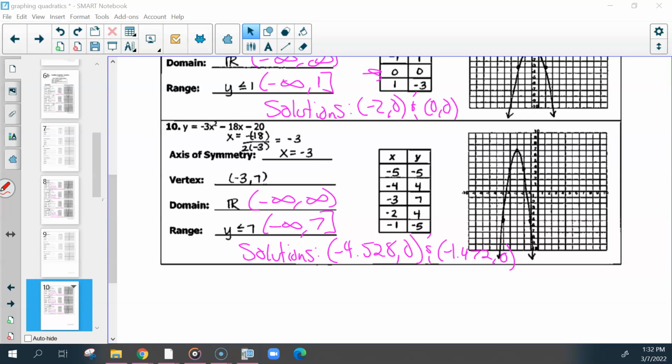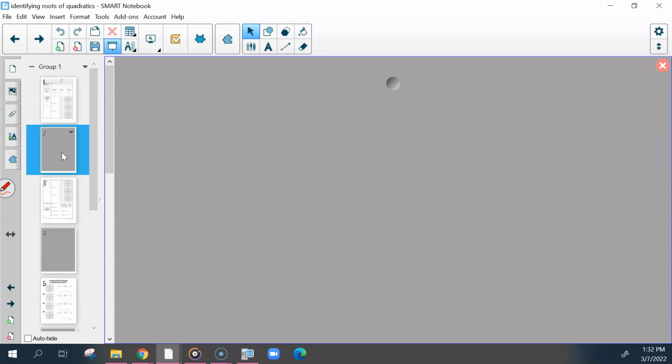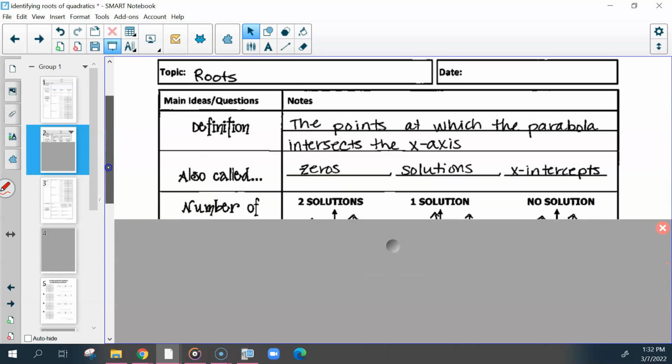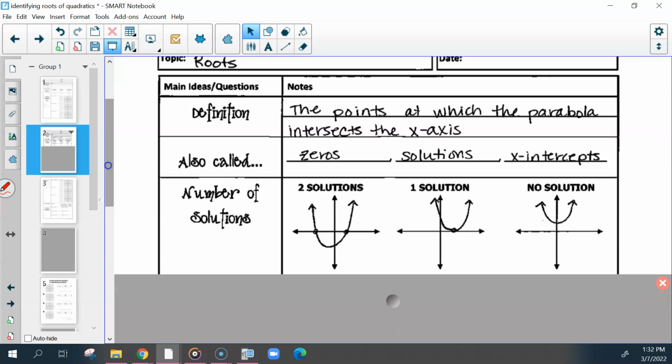Let's try that again. This is just so you have the actual definition of what we've been doing.